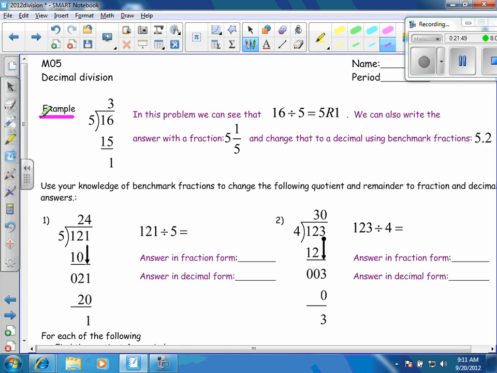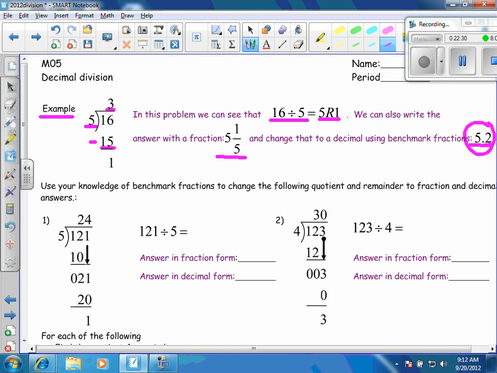So if I wanted to figure out how many times 5 goes into 16, I know it doesn't go into 1, but it does go into 16 3 times. 5 times 3 is 15, and then I did subtraction and I got 1. So another way to think of this is 16 divided by 5 is equal to 3 remainder 1. And then if we use our double number lines, we could write this in fraction form and then go to our double number line and find out that 1/5 is equal to 2/10, 0.2, and that's our final goal today.